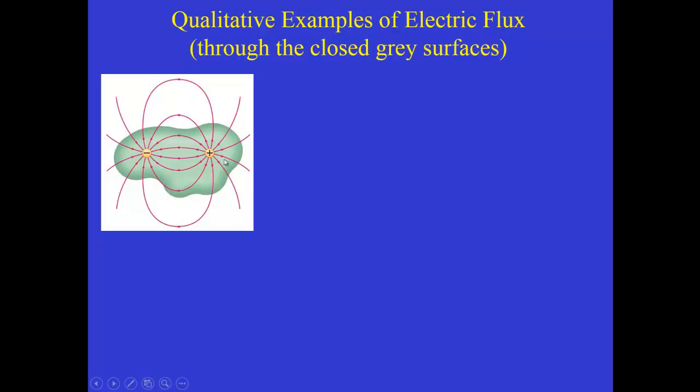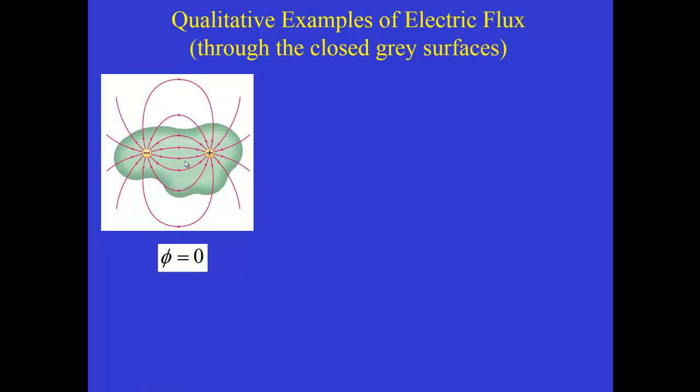If we wanted to calculate the flux through that closed surface, every field line that goes out through the surface, and that means positive flux, has a negative contribution from the field lines coming in. For every field line coming out, it also goes back in, so whatever flux there is outward is canceled by the inward flux, and therefore the net flux through that closed surface is zero.